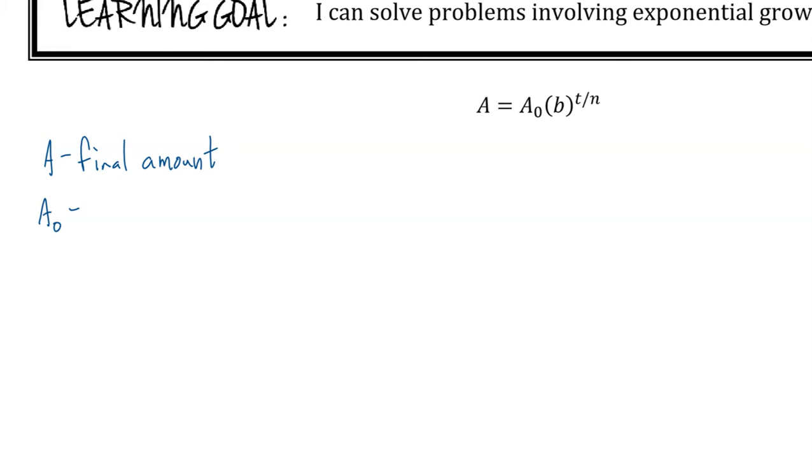So naught is sometimes how they refer to 0 or none. So it's A naught. But it means like A at time 0. A at 0 is kind of what it means. So it is a common notation for what we will call the initial amount.